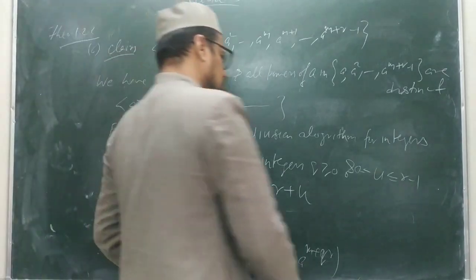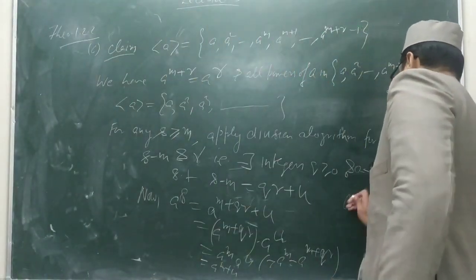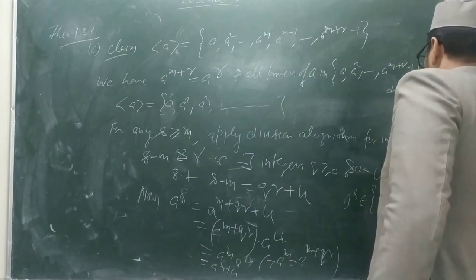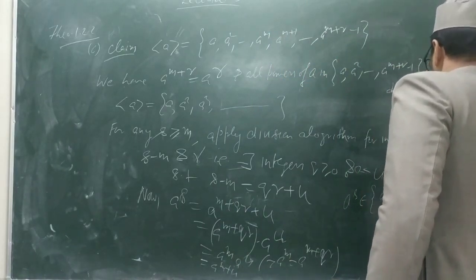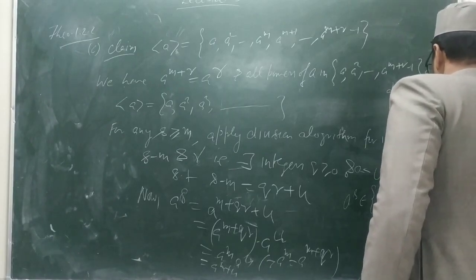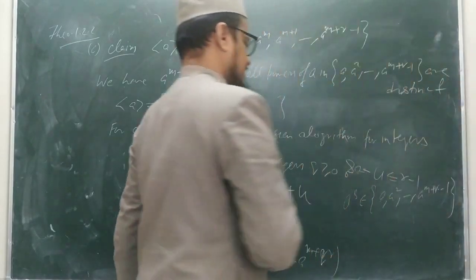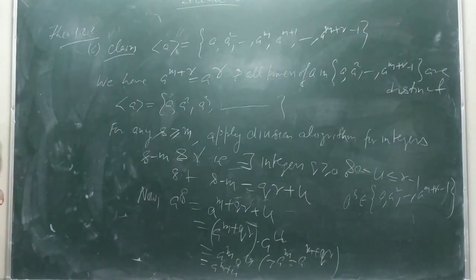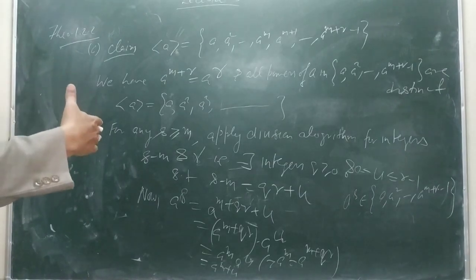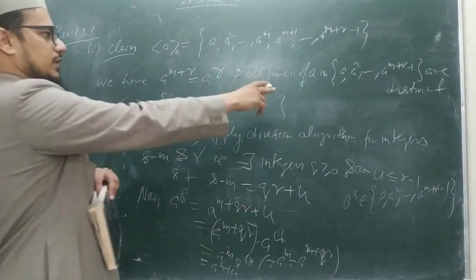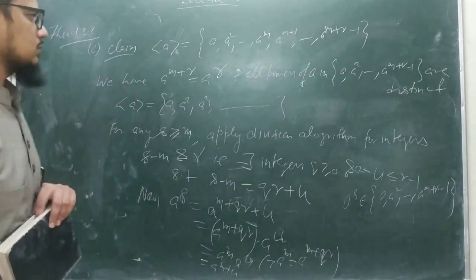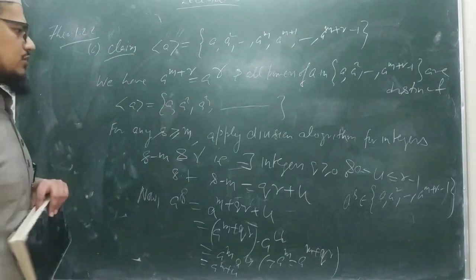a^s belongs to this set, that is a square, and so on, a^(m+r-1). So what we are seeing is that when the power of a increases beyond m+r-1, all powers belong to this set and are equal to any one of these powers, because we have this relation a^(m+r) is equal to a^r.